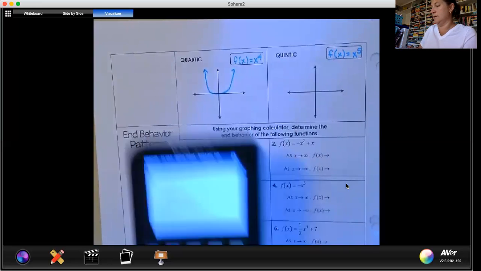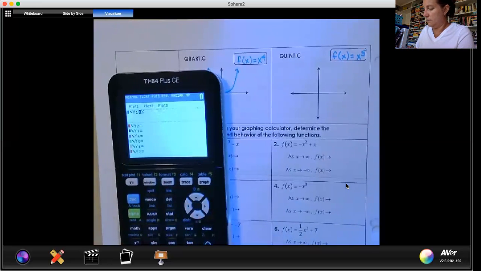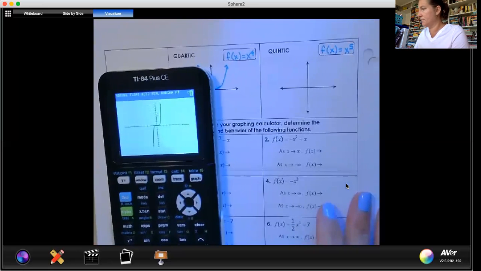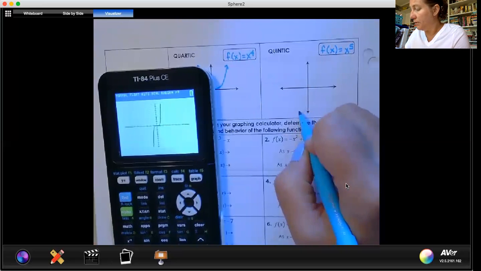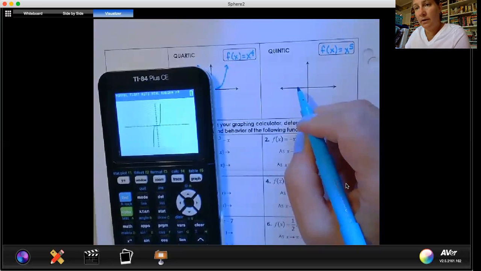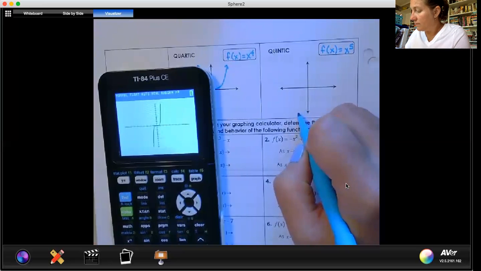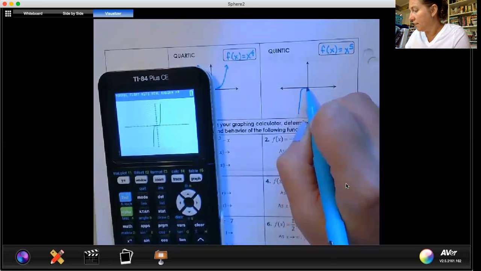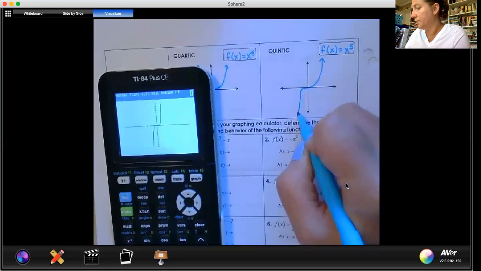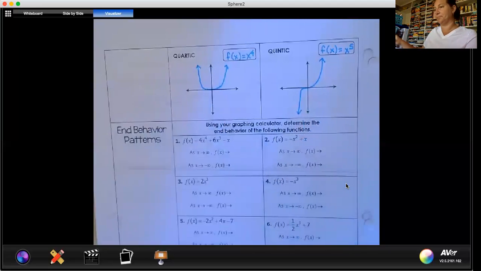Let's see what that looks like in our calculator. This looks actually very similar to a cubic function, but it's going to cross quite a few times too. So we're just going to kind of flatten that out to go like that.